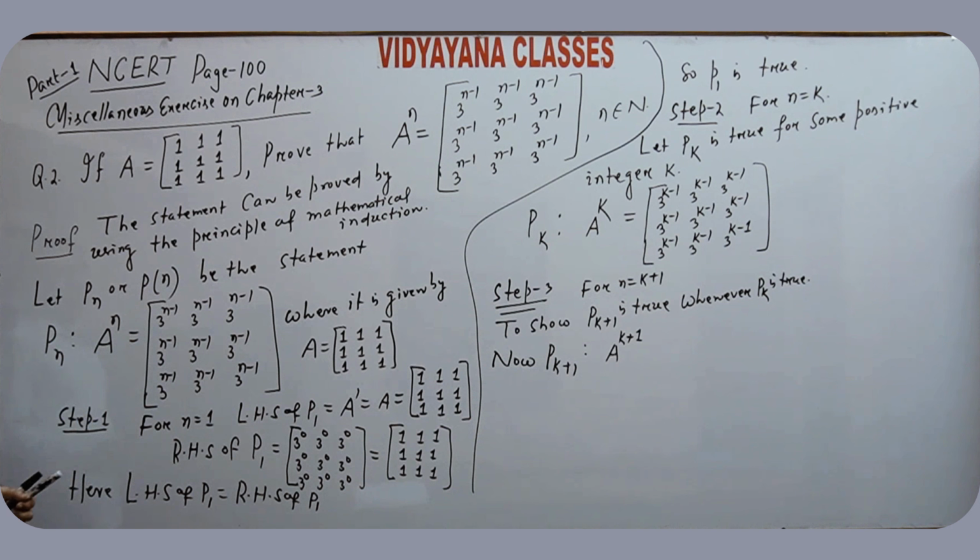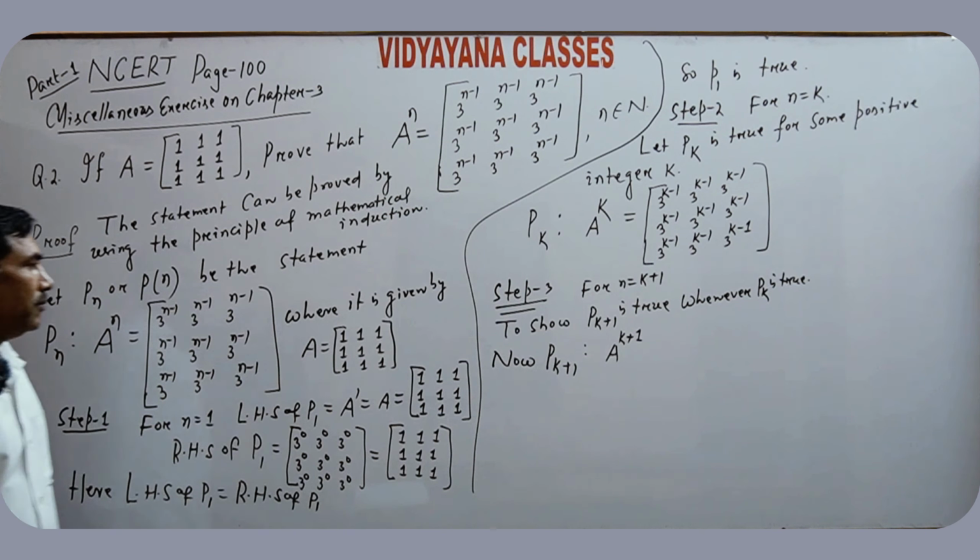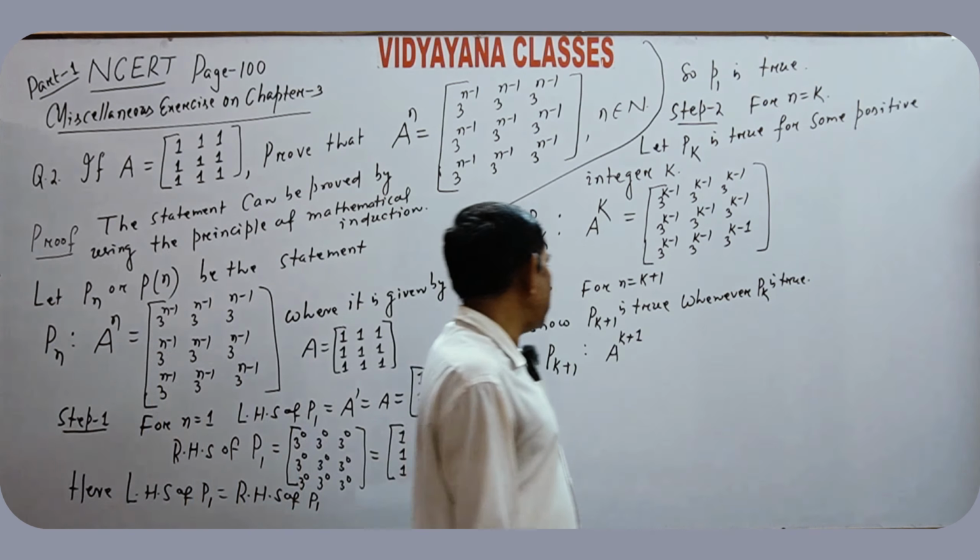On the left hand side, n is replaced by k plus 1, so the right hand side must have k plus 1 in the place of n, so that P(k plus 1) is true.